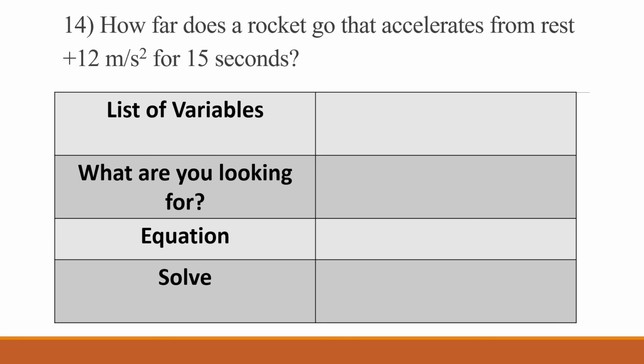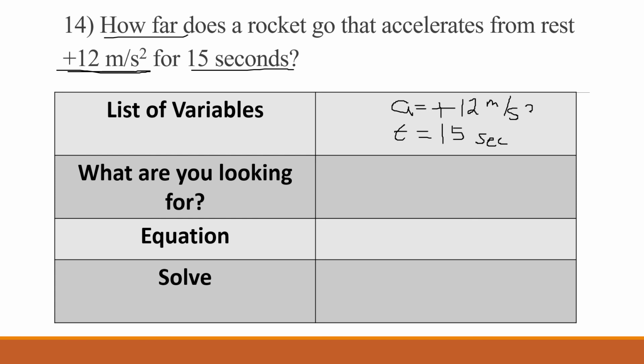Last one. We did it, almost. How far? That's distance. Is there an acceleration? Does a rocket go that accelerates from rest? There is an acceleration. Okay, list of variables. A equals +12 meters per second squared. For 15 seconds. 15 seconds is time. Time equals 15 seconds.